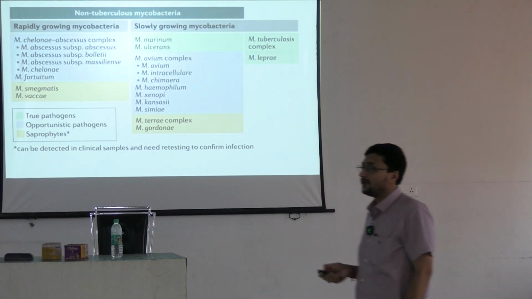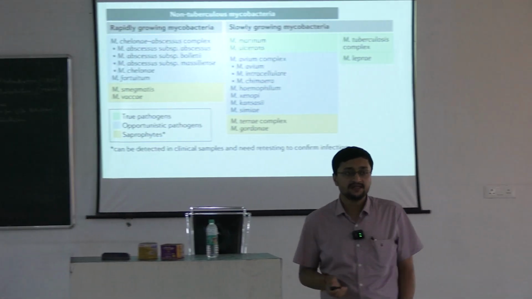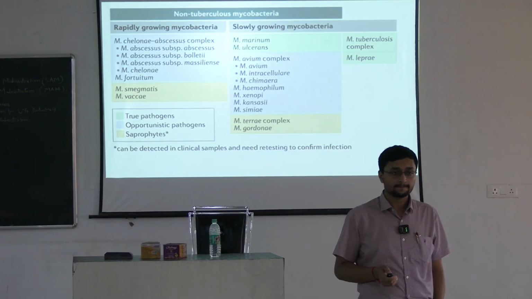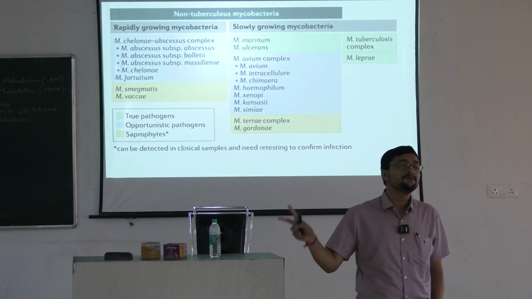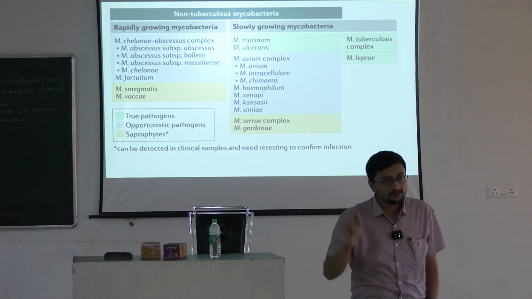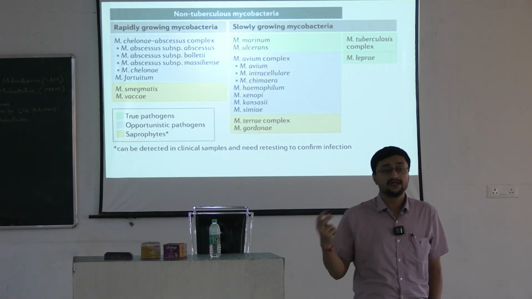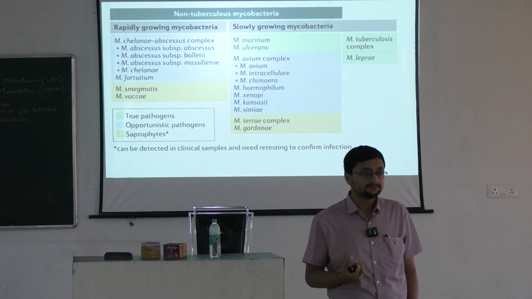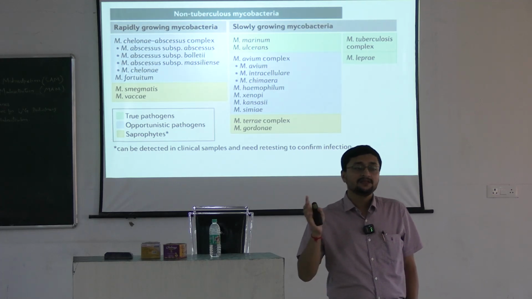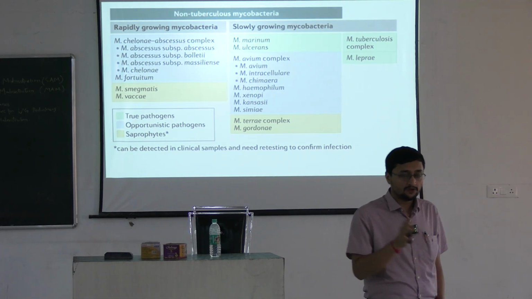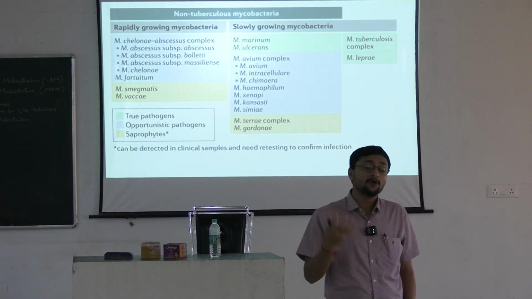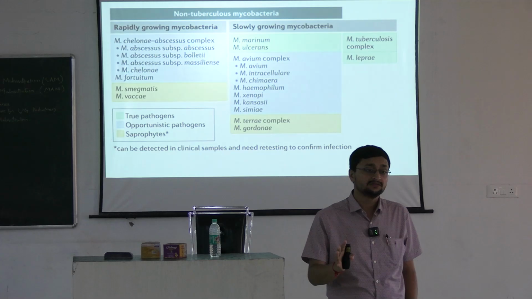And now, non-tuberculous mycobacteria. Any idea what non-tuberculous mycobacteria are? There are two types: one is a rapid grower, and the second is a slow grower. So why is it called a rapid grower? Because the rapid grower NTM shows growth inside the broth within 7 days.